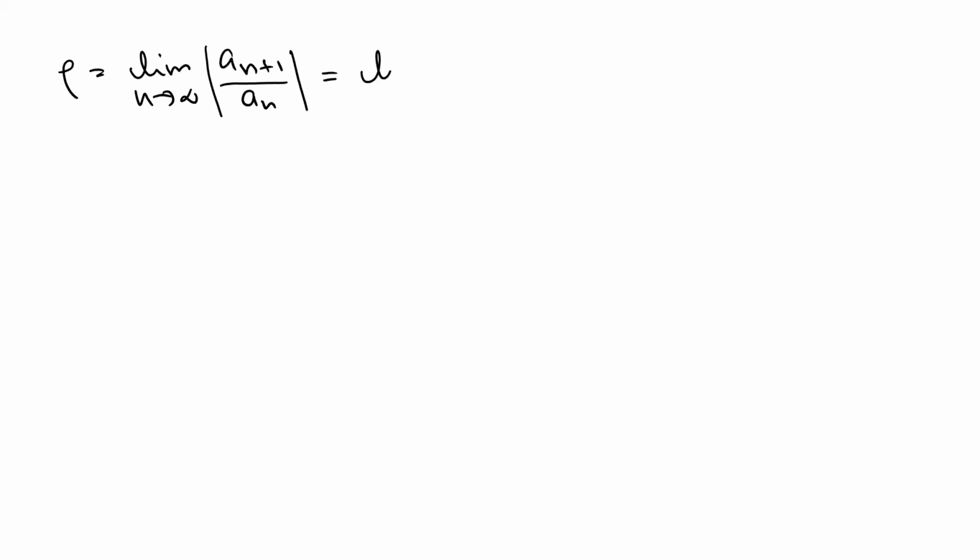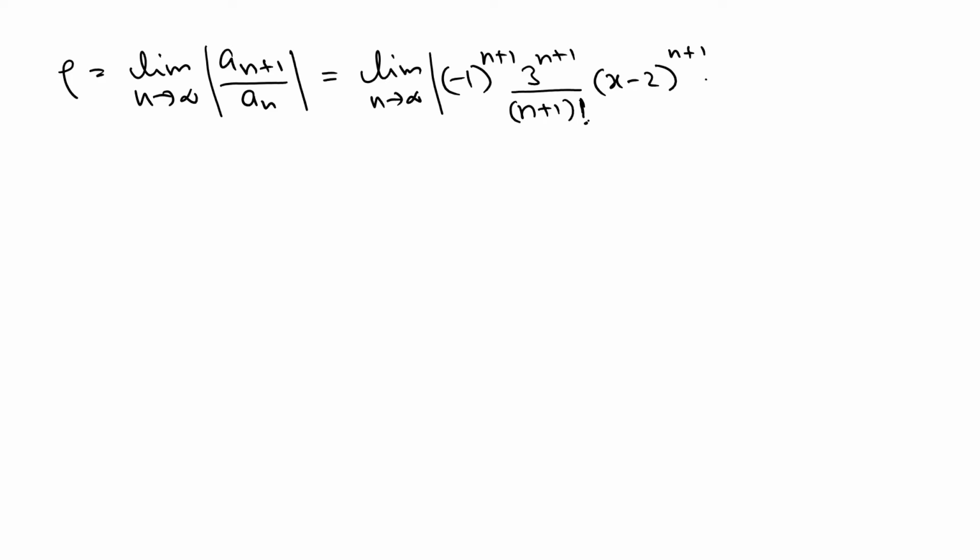So we have (-1)^(n+1), 3^(n+1), (n+1) factorial, (x - 2)^(n+1), and then divide. Division means it's a fraction, so you flip it and multiply, make it upside down, so you can write them bottom up.